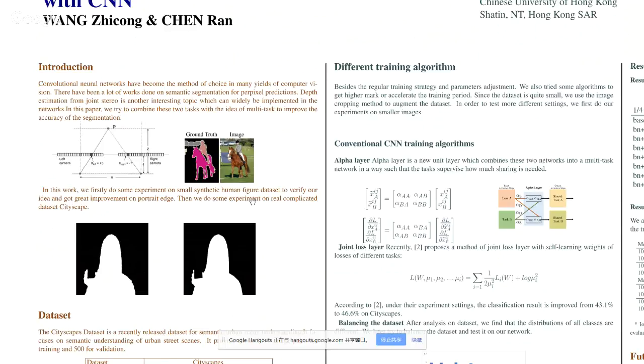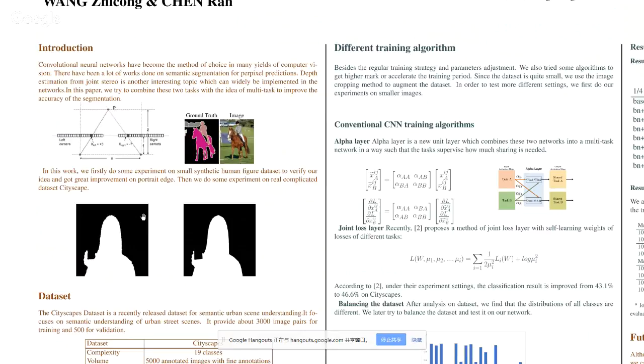The left one is only the output of segmentation, and the right one is the output of the network with segmentation and disparity both. You can find that the human contour is much smoother than the left one.